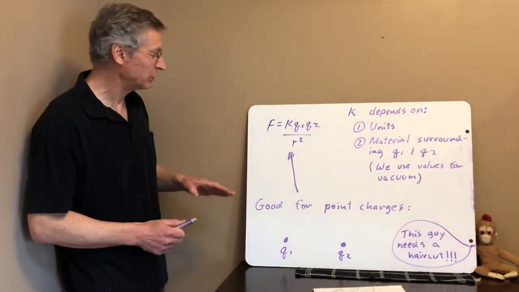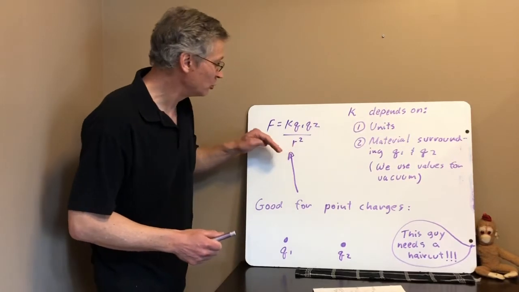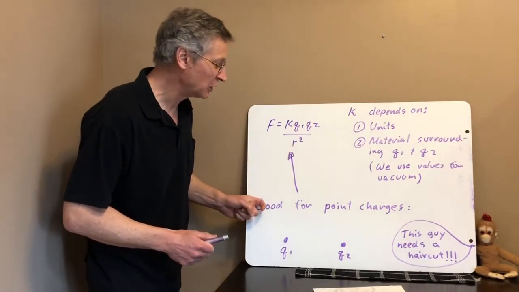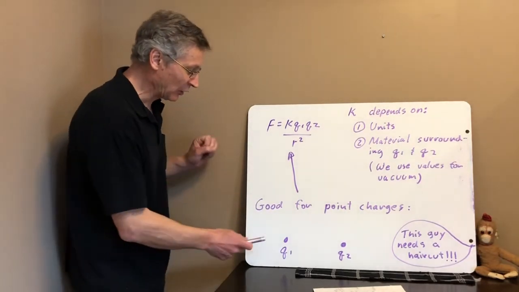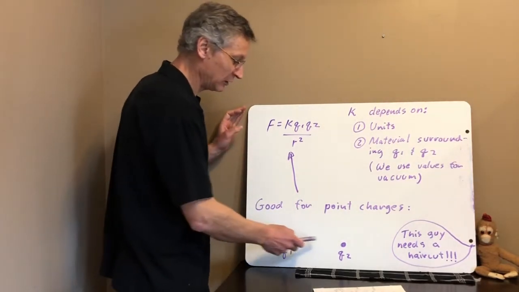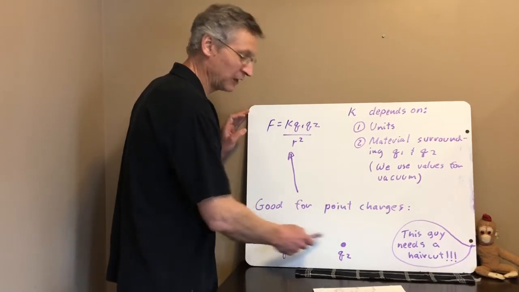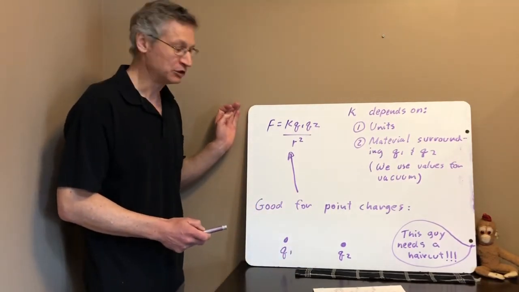All right, something we should also mention about Coulomb's law. It is good for point charges only. Now if you take a look in this situation, Q1 and Q2, right now these things are point charges.